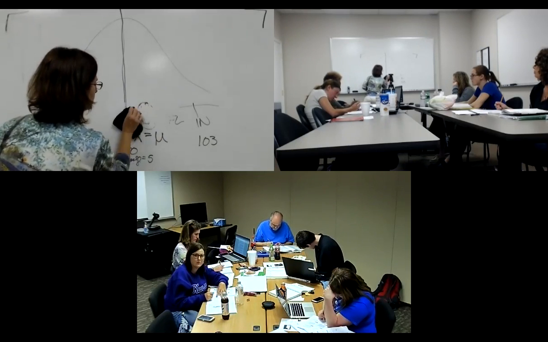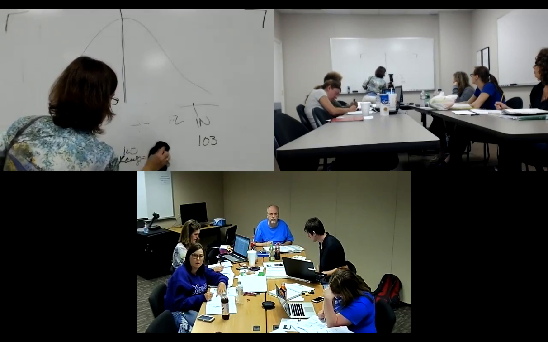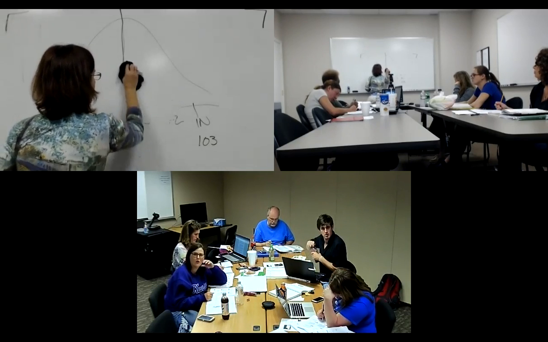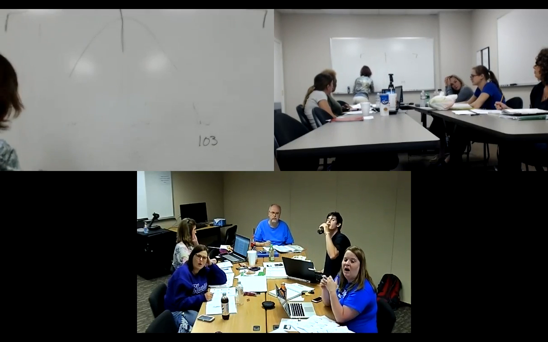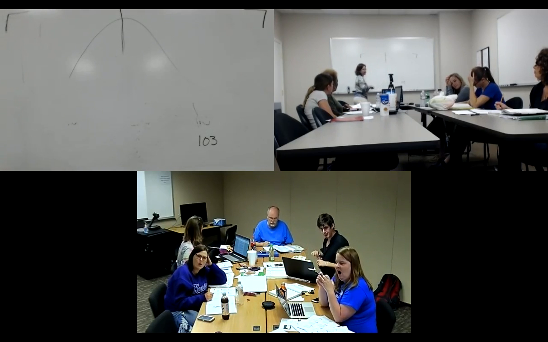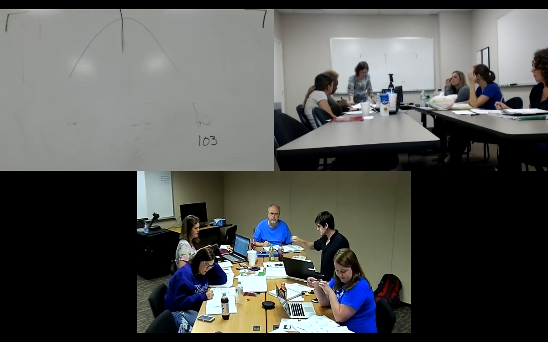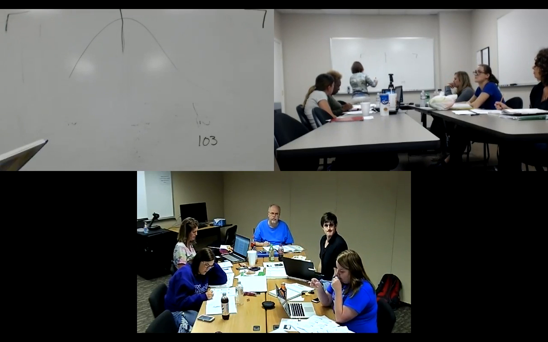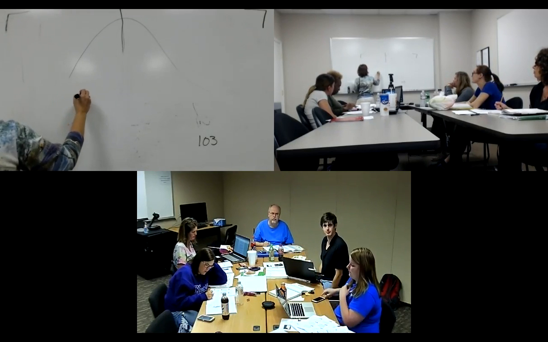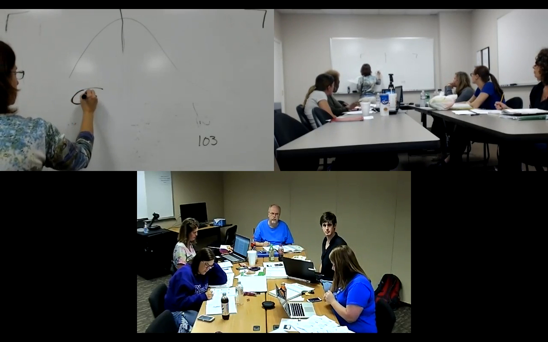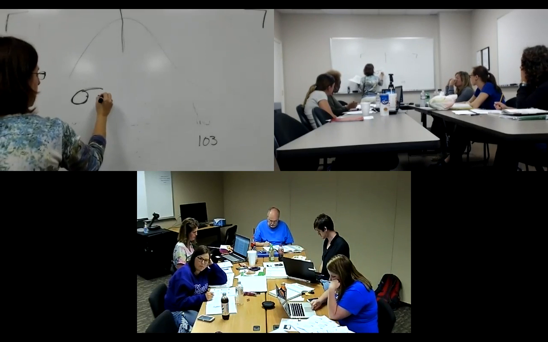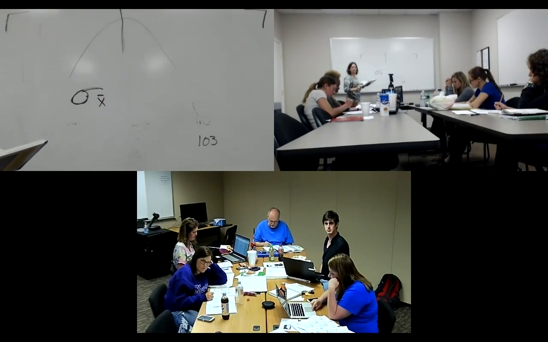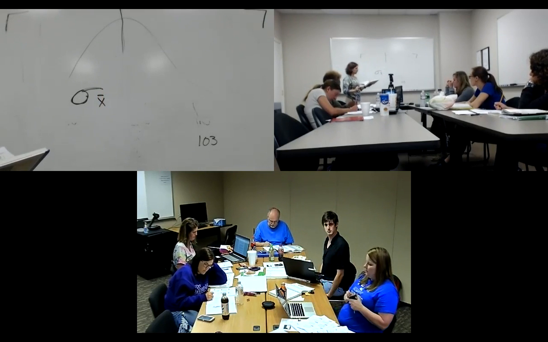Yeah, I wasn't able to get that in there. Well, it doesn't work very well. Okay. So the standard error of the mean, this is the symbol for the standard error of the mean. Okay?